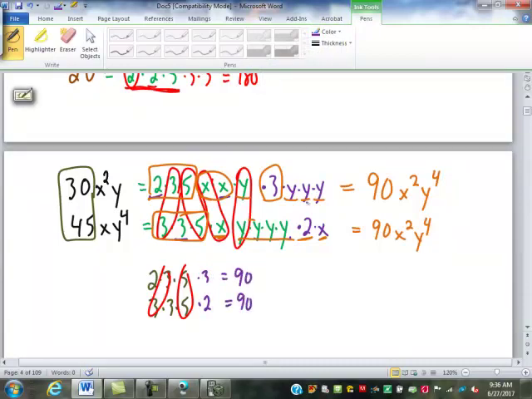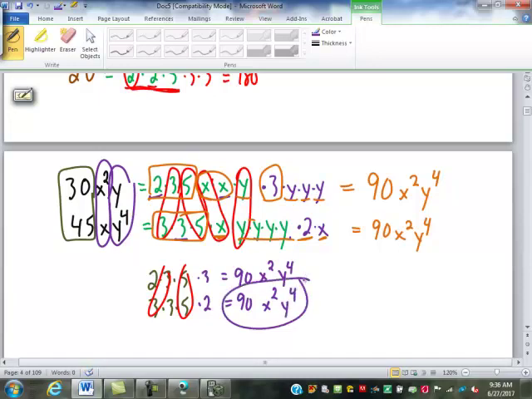And then I can just take the larger power of the variables. For x, well, I've got x squared and x, so that means it's going to be x squared. For y, I've got y and y to the 4th, so the larger power is y to the 4th, which is 90y to the 4th. Or 90x squared y to the 4th, I should say.